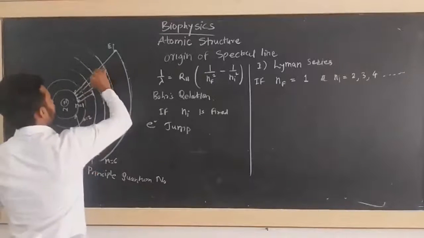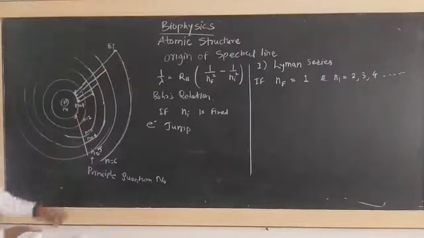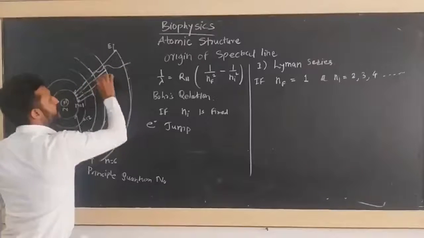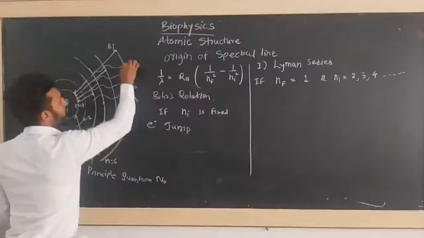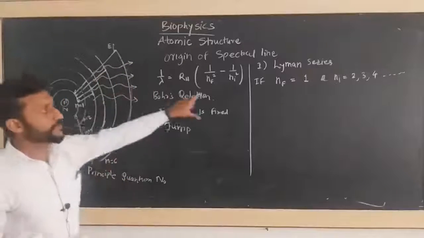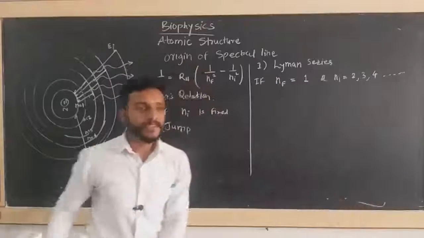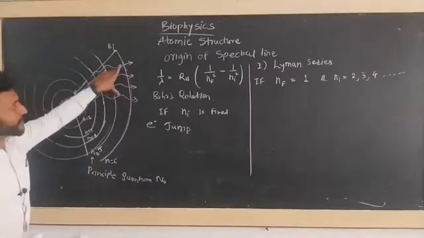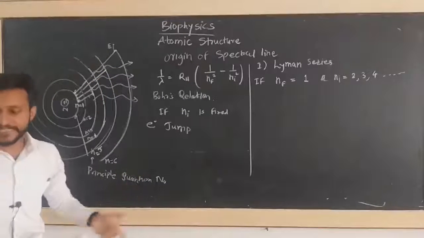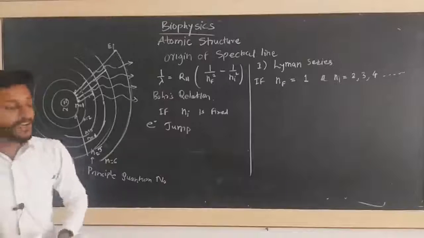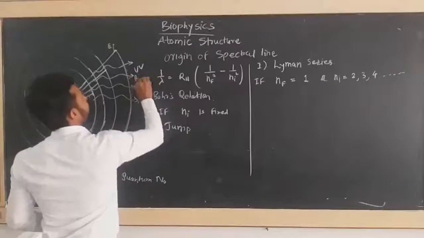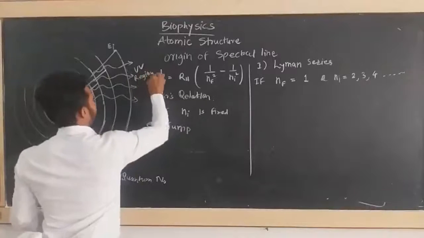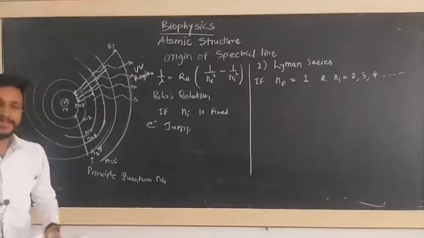So during this de-excitation, the photons are emitted, and this series of electromagnetic radiations is known as Lyman series. And these radiations have frequency in the range of the ultraviolet region, UV region. I hope it is clear.